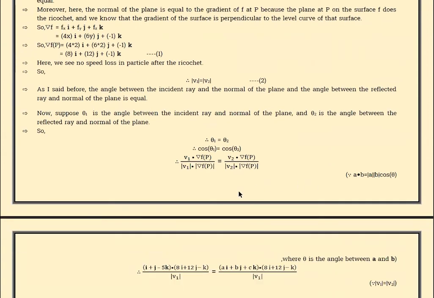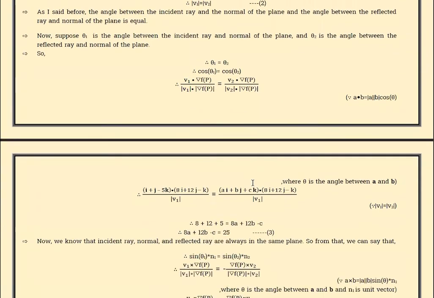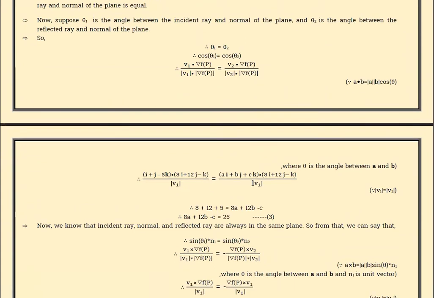So v1 dot gradient f is equal to v2 dot gradient of f at P. So we get one equation in a, b, c.